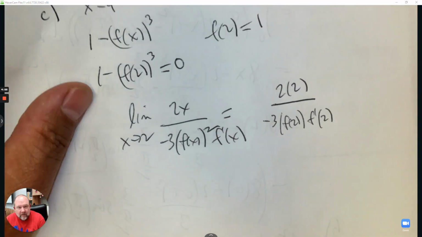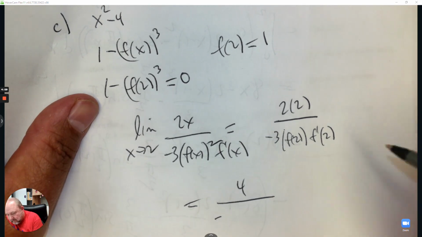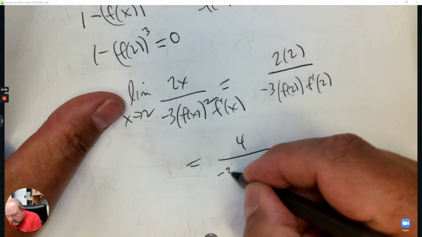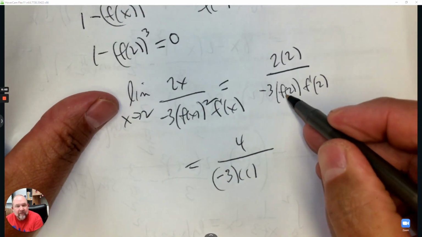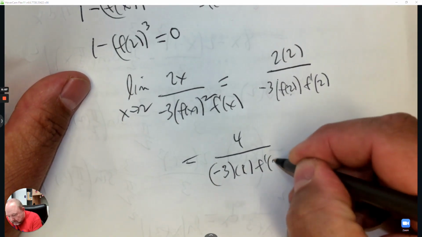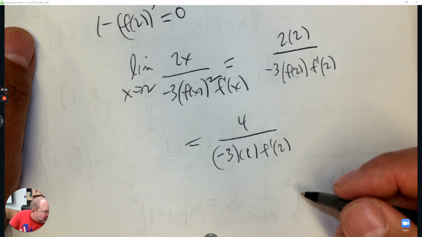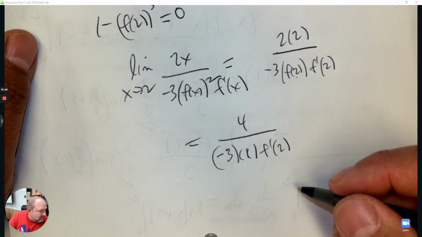All right, I'm going to simplify this. 2 times 2 is 4. We have negative 3 times 1, because we know f at 2 is equal to 1. And then we still have this derivative here is what I'm looking for, the derivative at 2. So I have 4 over negative 3.